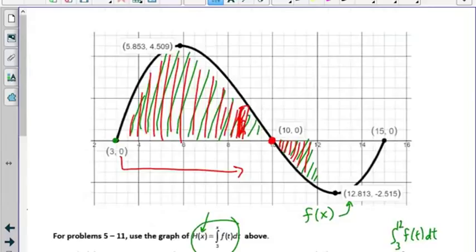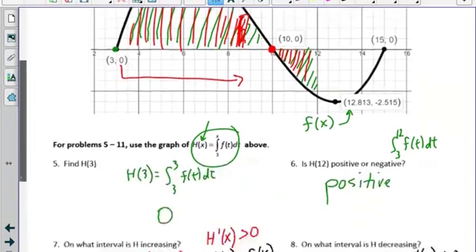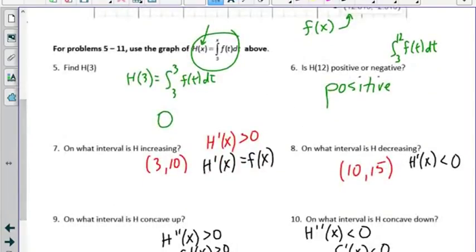So it appears that from 3 to 5.853 we are concave up.